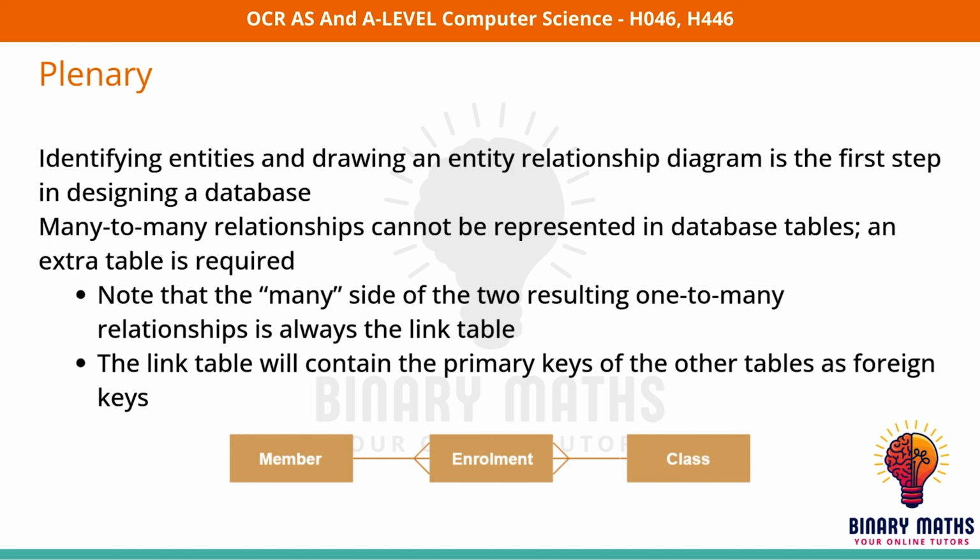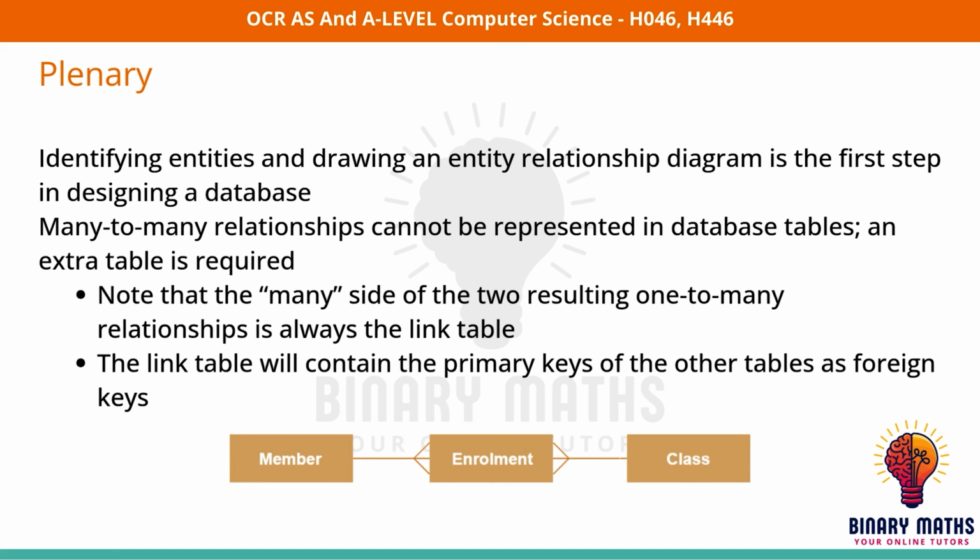We then moved on to database normalization, which is the process of organizing data to reduce redundancy and improve efficiency. We also discussed referential integrity, which ensures that the relationships between tables remain consistent. Finally, we talked about many-to-many relationships and how to handle them using linking tables.